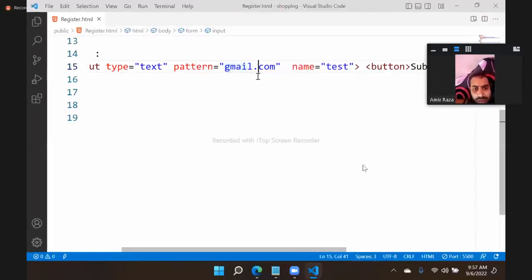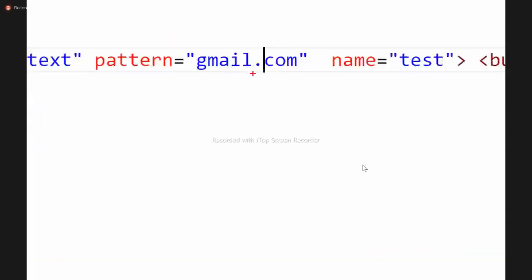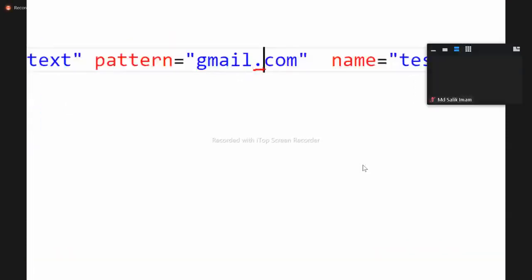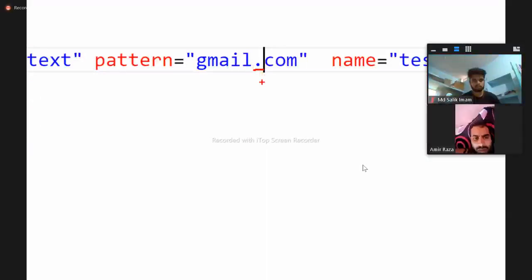So here we have gmail.com. What is the problem? The problem is this dot indicates one character. One character means, between L and C, there can be any character.